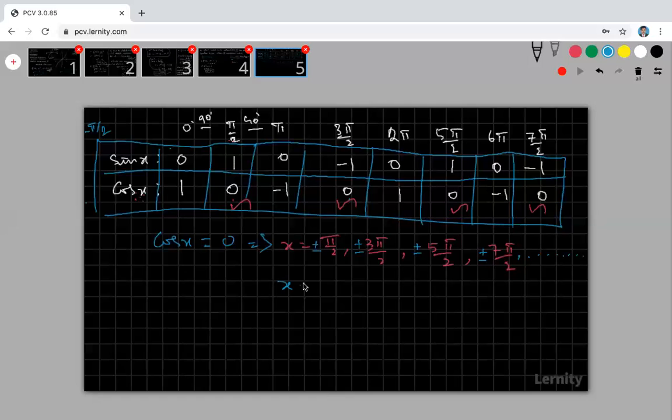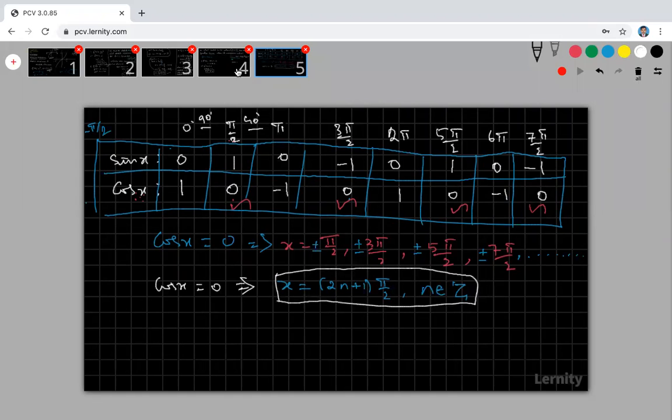So this can be written as (2n plus 1) pi by 2, where n belongs to Z. This solution is given in your NCERT book, 11th standard. Please go through that. So when my cos x is equal to 0, my x is equal to (2n plus 1) pi by 2, that is, odd multiples of pi by 2. This is the general solution of cos x equal to 0.